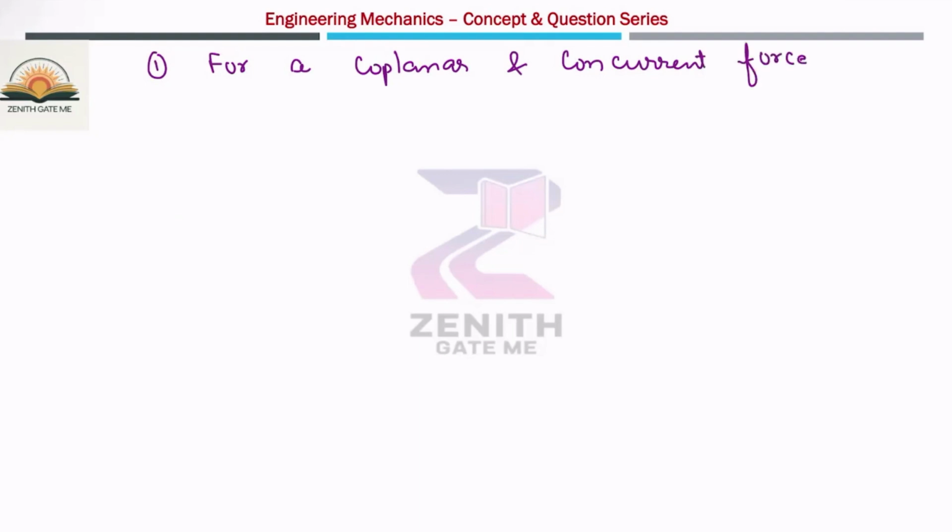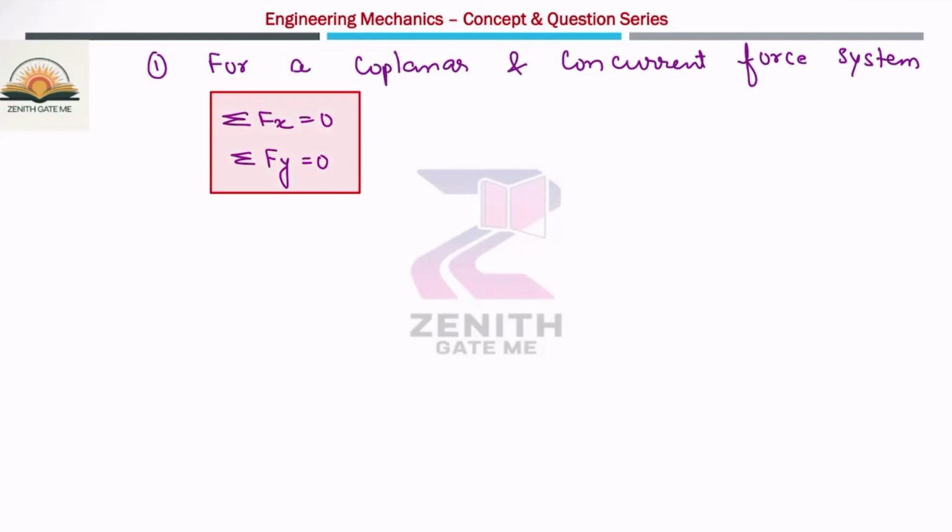The condition is that the summation of force in x direction is 0 and the summation of force in y direction is 0. You can use these two conditions for solving the problem. If only three forces are acting, you can solve the same problem with Lami's theorem also. If more than three forces are acting, you can use summation of force in x direction 0 and summation of force in y direction 0. This is the generalized approach.